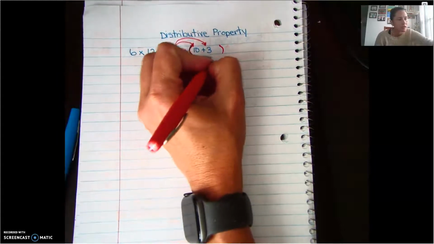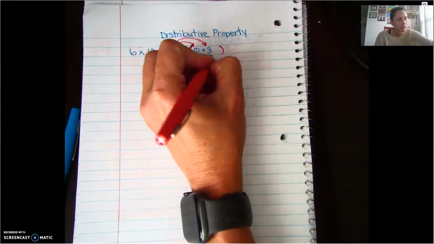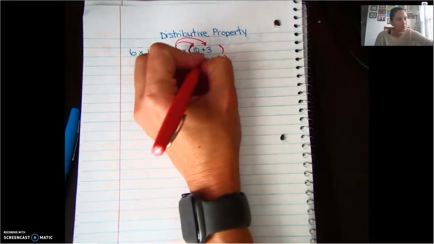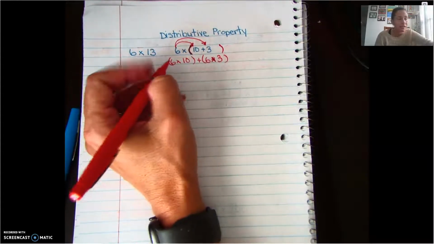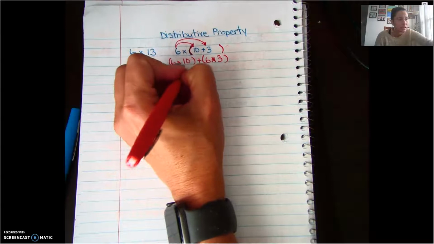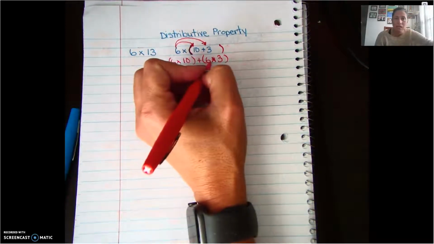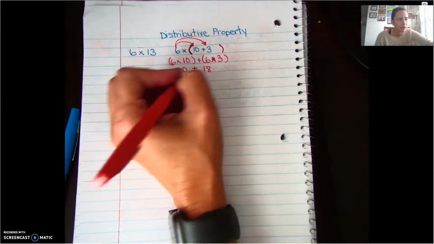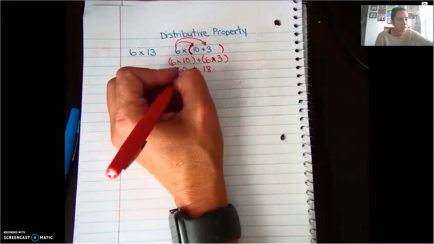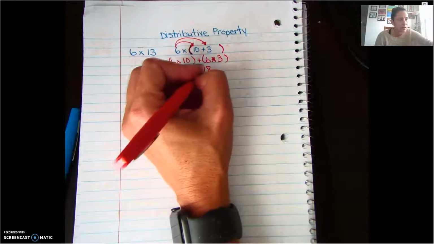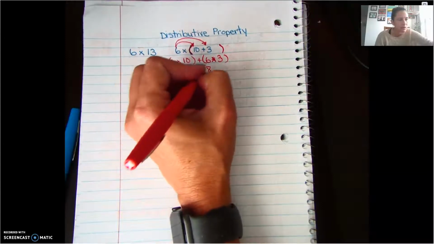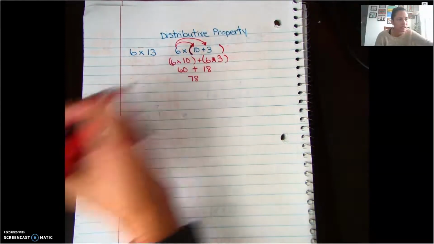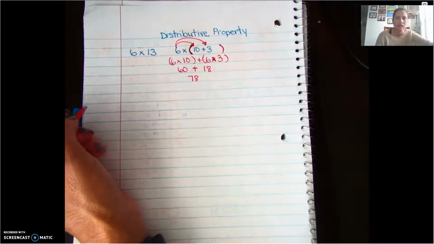It is also 6 times 3. So I know that 6 times 10 is 60, plus, and I know 6 times 3 is 18. So then I can add them a little bit easier. So 6 tens plus 1 ten is 7 tens, 0 plus 8 is 8. So our answer is 78.